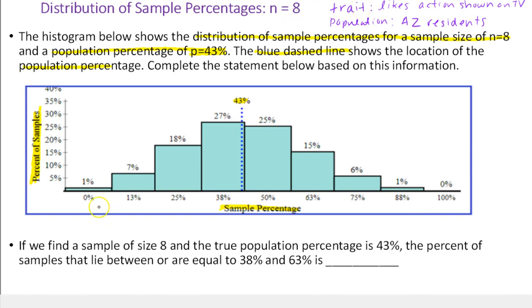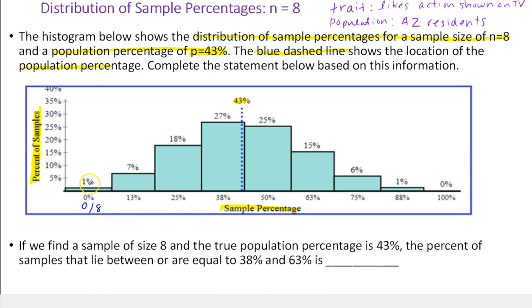So let's write these as fractions, and we like to write them as percents, and then we round them. These mostly are not exact values, but that gives us a common way of talking about these values. What this 0% represents is if you sampled 8 people and 0 out of the 8 people said that they liked action shows on TV, then your sample percentage would be 0%.